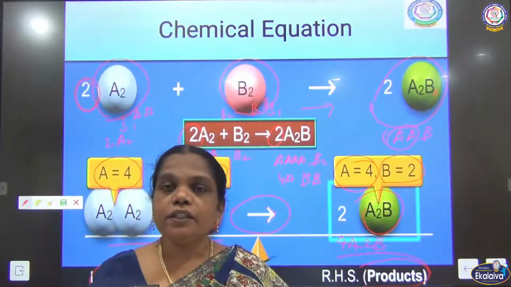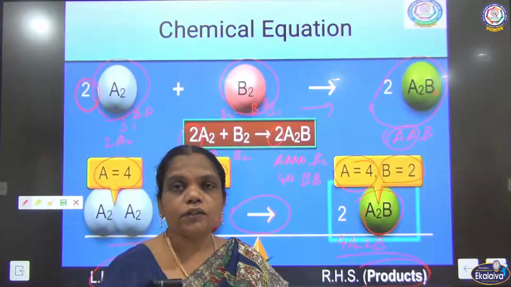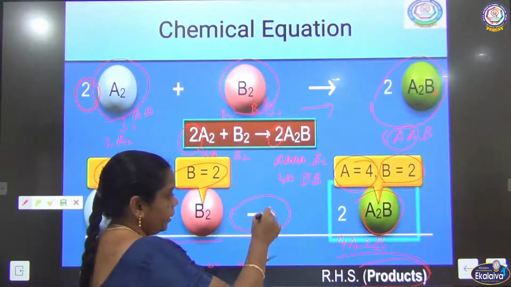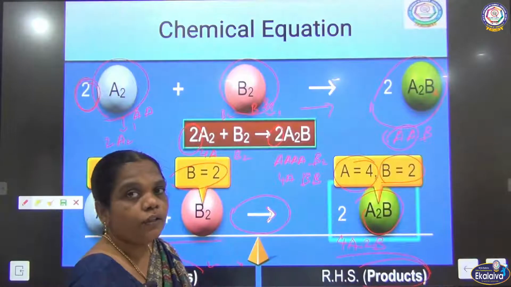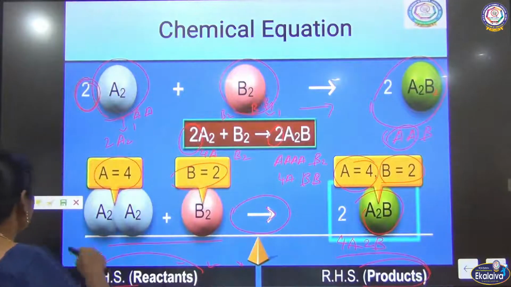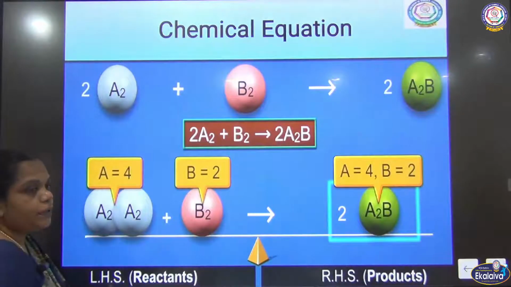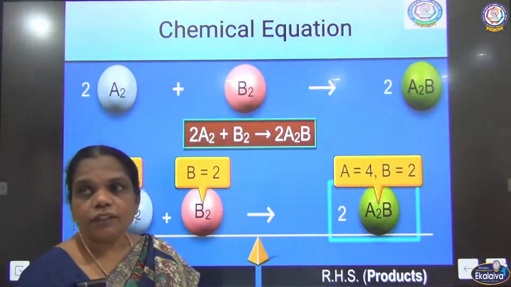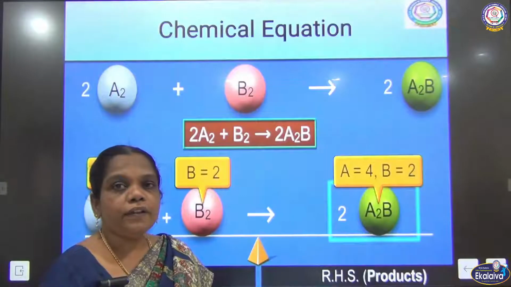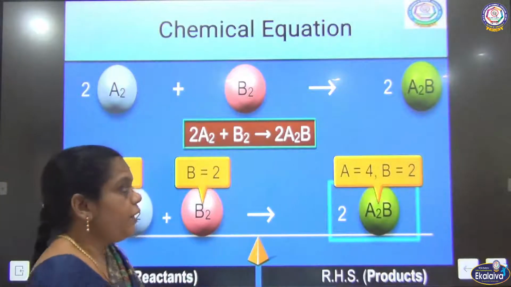This can be differentiated by an arrow mark. The head of the arrow mark shows the product. This is one of the representations. A chemical reaction can be represented by a chemical equation, using chemical symbols or chemical formulas.